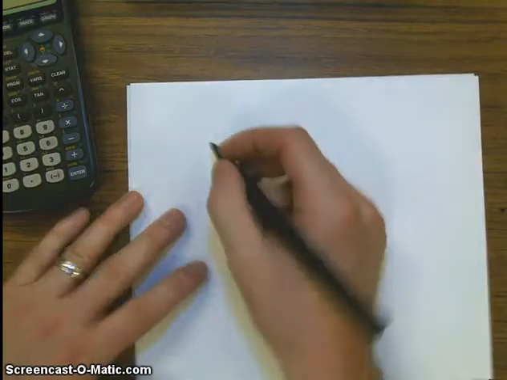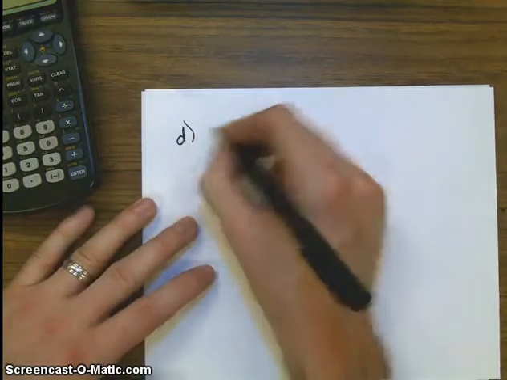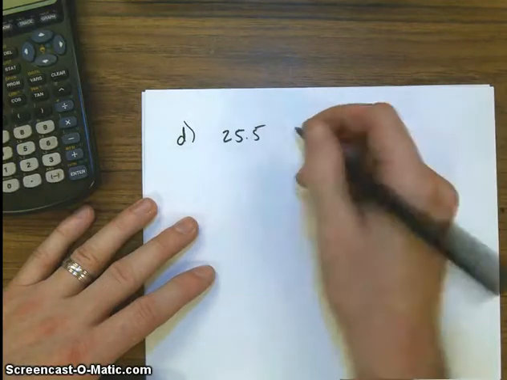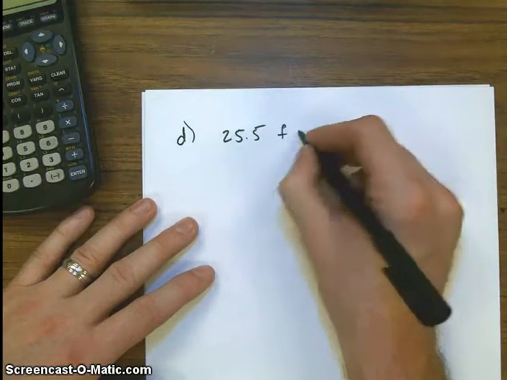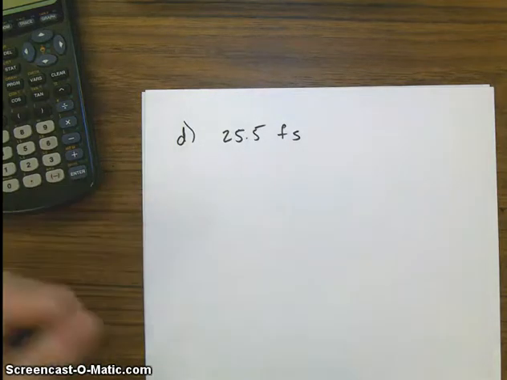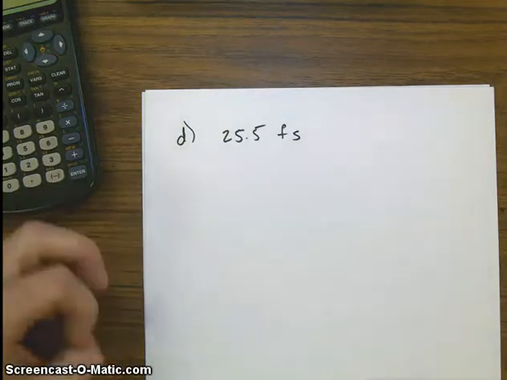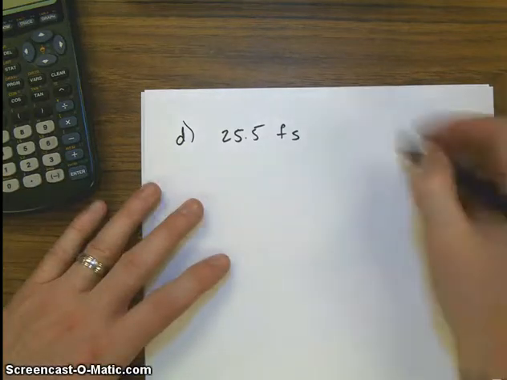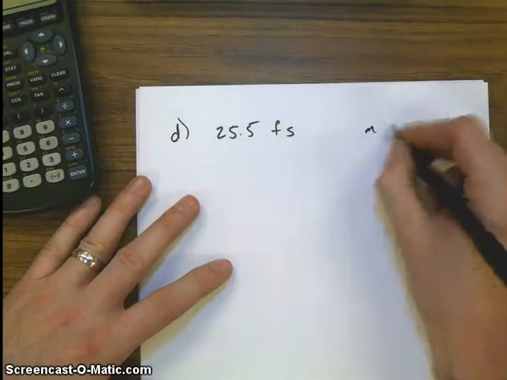Now D asks what distance the electromagnetic radiation travels in 25.5 femtoseconds. So D tells us that we have radiation traveling for a period of time, which is 25.5 femtoseconds. This is speed equals distance divided by time. Don't forget that our speed is always going to be in meters per second.